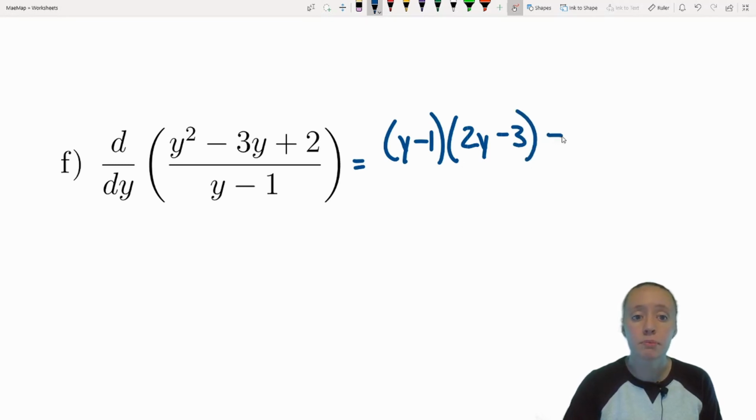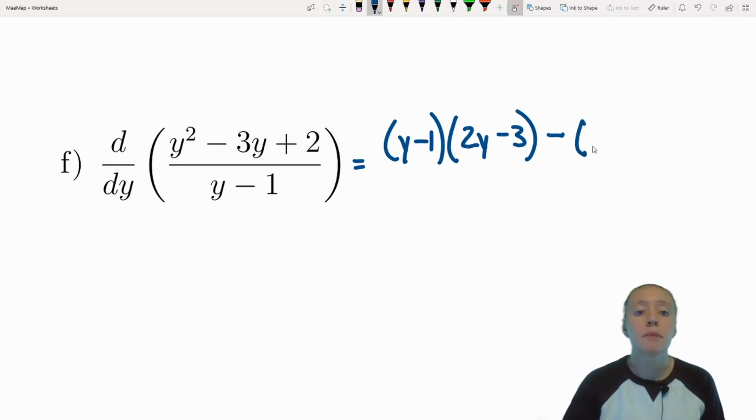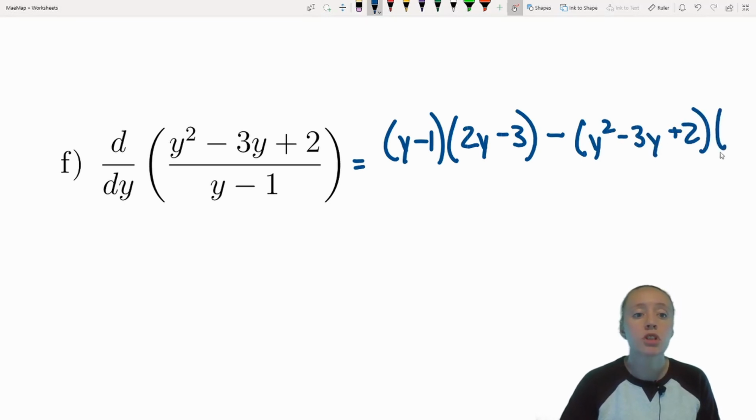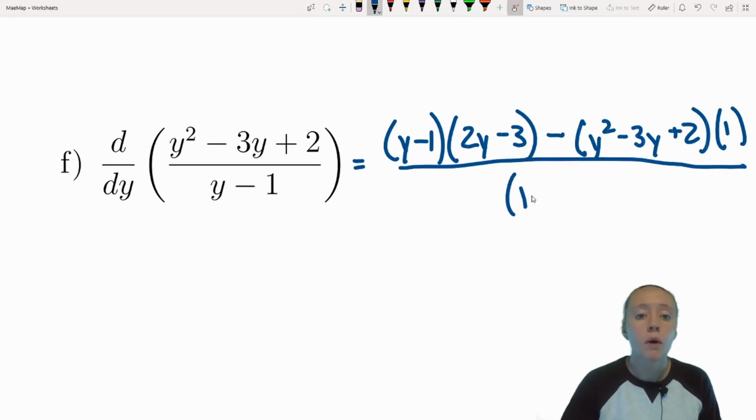And I'm going to subtract. We're always subtracting between those two separate terms in our numerator. That's going to be high, which is y squared minus 3y plus 2, times the derivative of our low. The derivative of y minus 1 is simply 1.